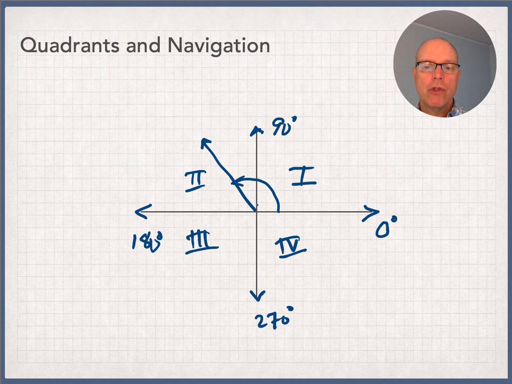And so the direction that we'd tell everybody this vector was going would be 90 plus whatever this little theta is right in here. So 90 plus theta.